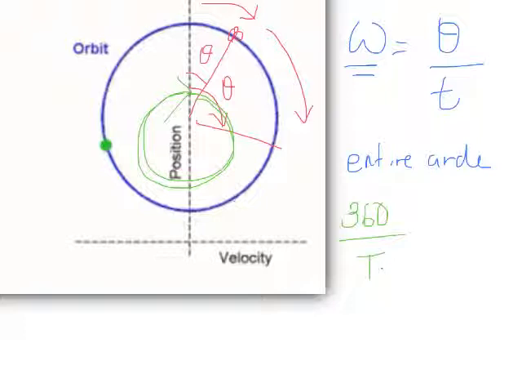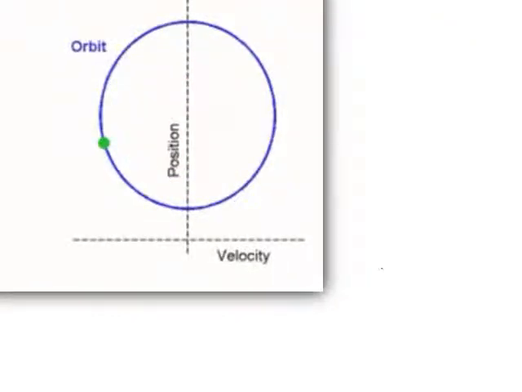It's the period again. So this should do, but remember, we need to show omega, angular frequency, in radians per second. So this is not quite right. Let's try and express an entire angle in radians. If we go back to our definition of the radian, it's when this distance on the arc of the circle is equal to 1 radius, like this. So, this is 1 radian. How many radians fit on an entire circle?